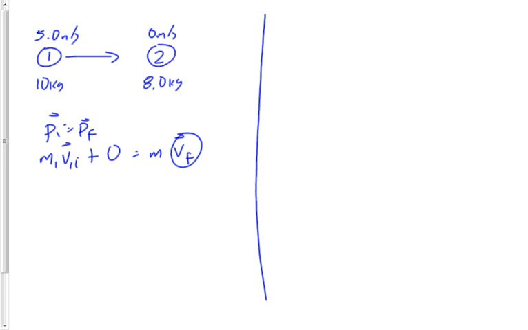Let's take a look at another one now. Let's say this time object number 1 is at rest. It's still got a mass of 10 kilograms, but this time not moving. Let's say object number 2, which is still going to be 8 kilograms, is going to be moving downwards towards a stationary object number 1.